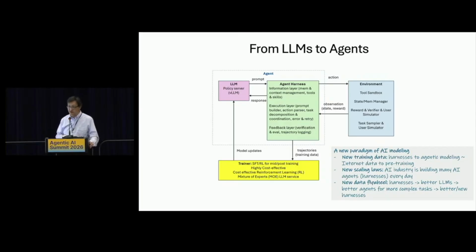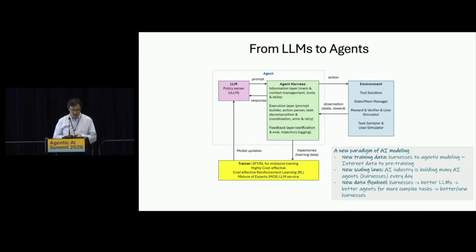The second part is the environment. Sometimes people call this a reinforcement learning environment, or RLE, where the AI agents can interact with the external world to perform tasks while generating trajectories. And the last component is the yellow one.